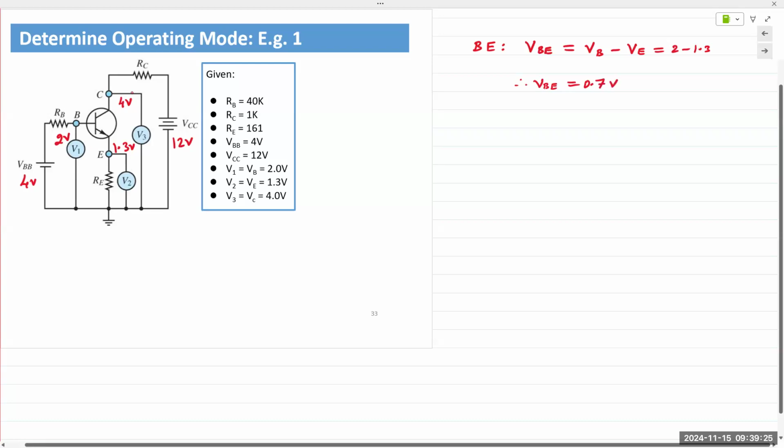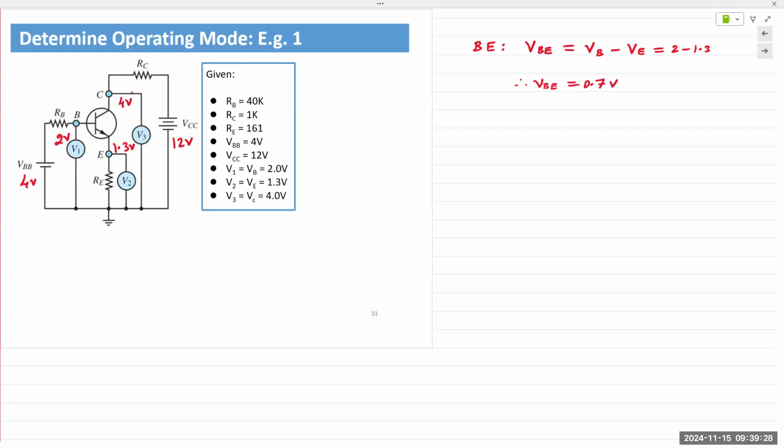If VBE is 0.7, it means it is the forward bias base emitter junction. It's the diode voltage drop, 1 forward voltage drop for a PN junction diode, 0.7 volts. And so if it's 0.7 volts, we can say base emitter is forward bias.